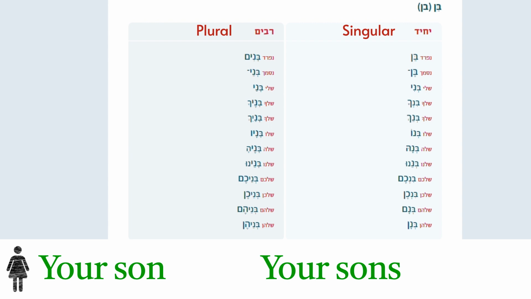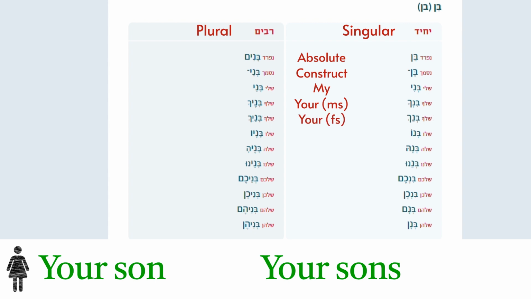At the top of both tables, we have the word in nifrad form, which is what absolute form is called in Hebrew. On the singular side, we have ben, son, and on the plural side, we have banim, sons. Then underneath the absolute form, we have the nismach form, the construct form. In singular, this is ben, son of, and in plural, it is bnei, sons of. Then underneath that, in red text, we have the words sheli, my, shelcha, your masculine singular, and shelach, your feminine singular.